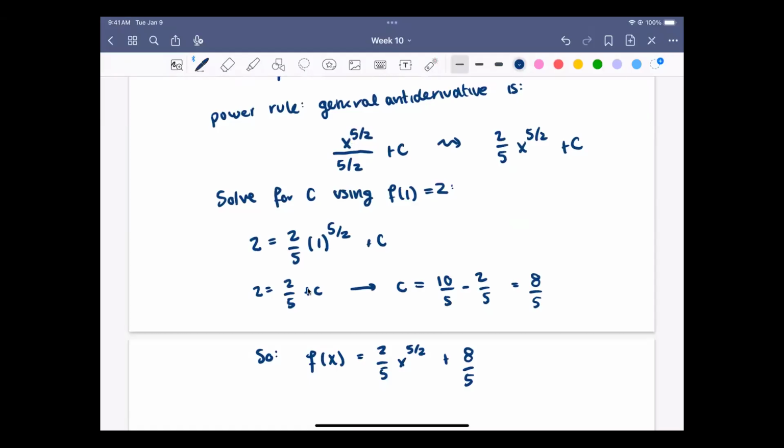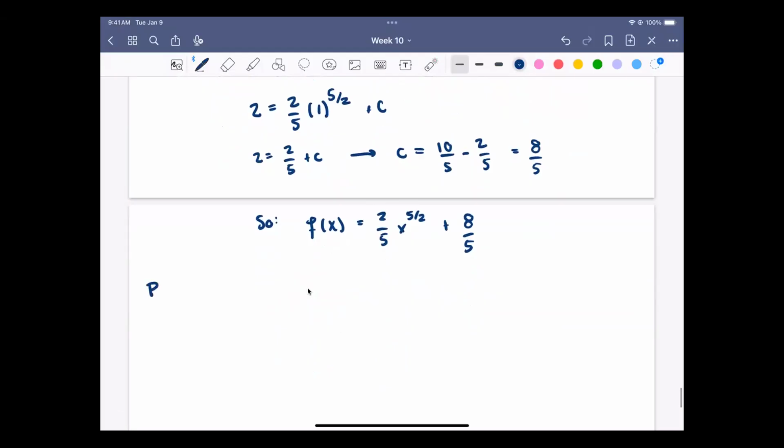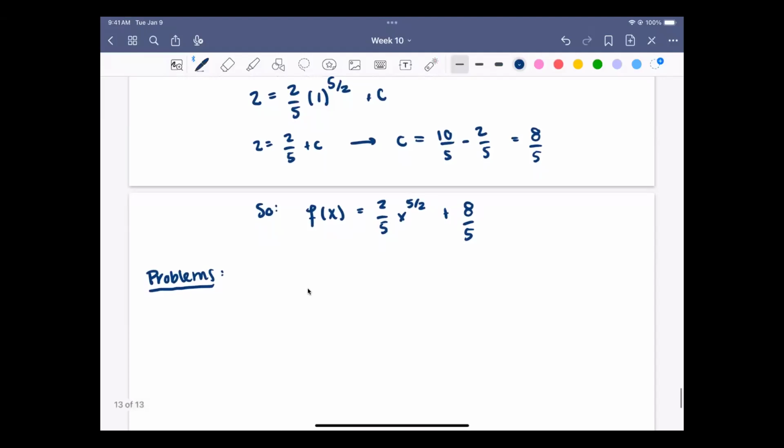All right, I'm going to give you some examples to practice with. So here are some problems. Find f in each of these cases. The first one is you're given that f double prime of x is equal to 4x cubed plus 24x minus 1.